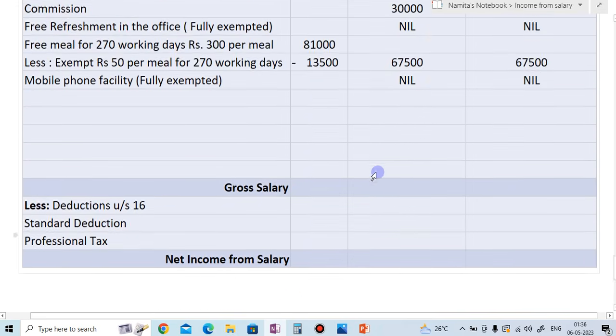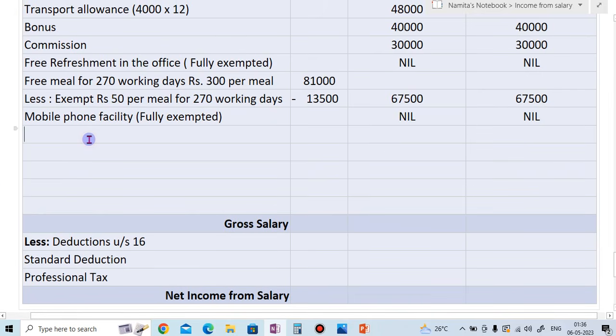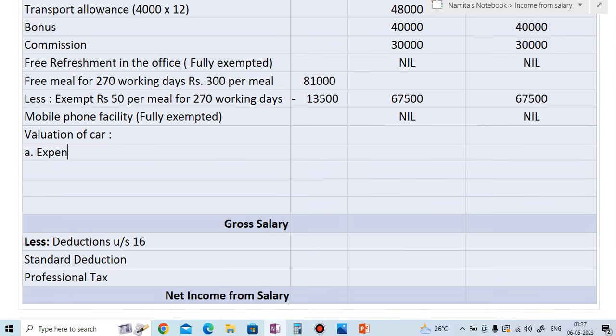21,600. Okay, so right here, valuation of car. In this write A. First, the expenses of car are borne by the employee.